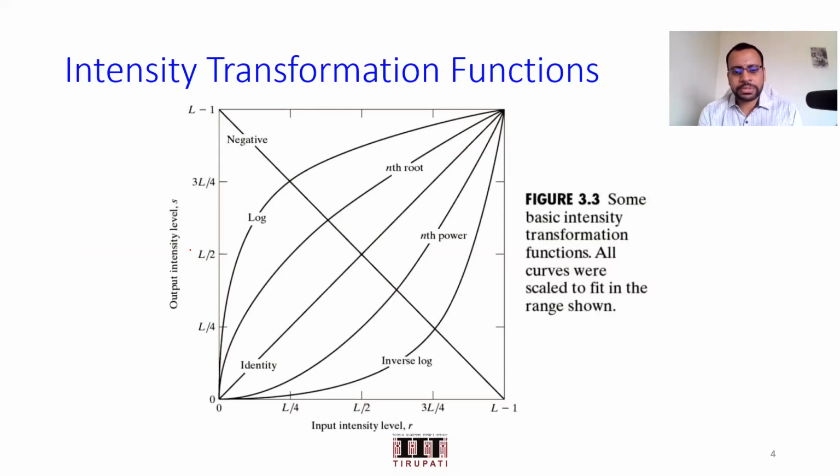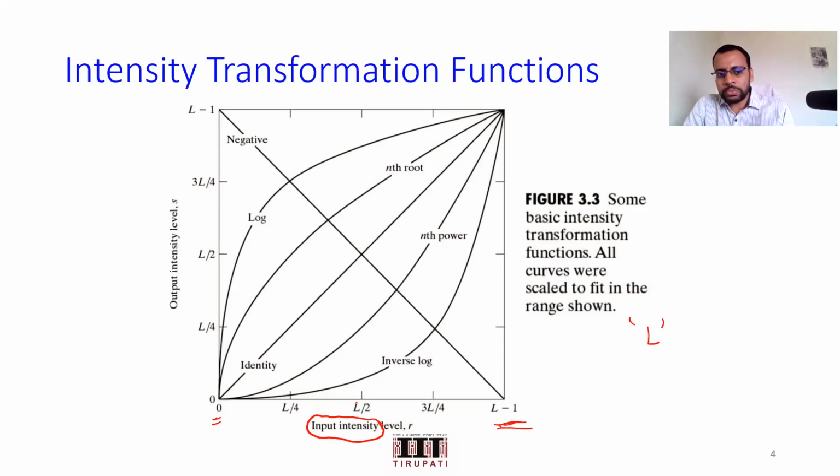These are some standard intensity transforms that you could think of. On the x-axis, we have already discussed what could be the range of intensity values. So assume that there are L intensity values, so the values could go from 0 to L minus 1. These are the input intensity values.